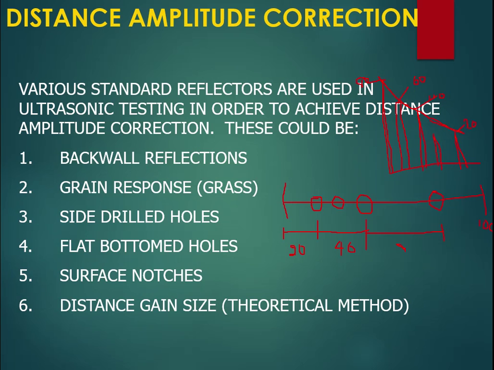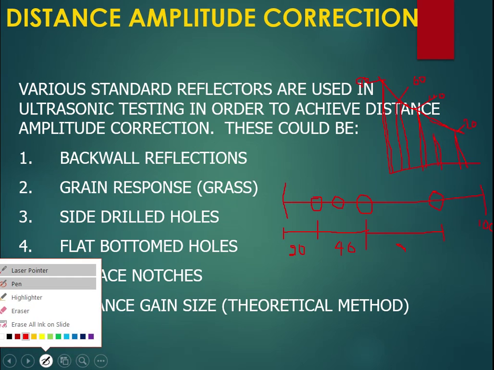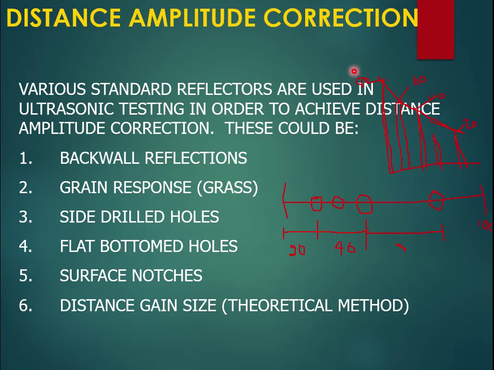So here it has given a few more things about the distance amplitude correction. Various standard reflectors are used in ultrasonic testing in order to achieve distance amplitude correction. Basically, to draw a distance amplitude correction curve, we need to set artificial reflectors at standard distances, so that we have a particular idea of what we are drawing.